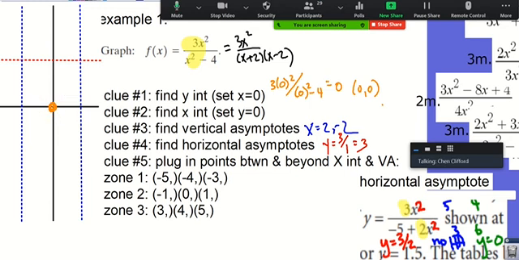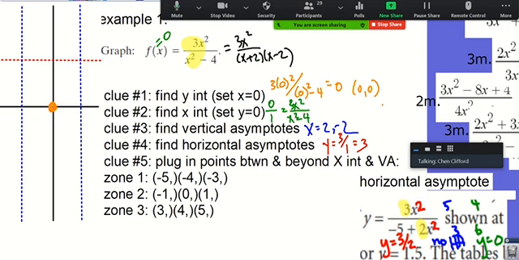All right, let's go ahead and do, what color have I not used yet? Green. For x-intercept, set y equal to 0. So we're basically going to set this equal to 0. Now you can do this a couple different ways. I like to do it just this way. I'm going to write it as 0 over invisible 1 equals 3x squared over x squared minus 4.